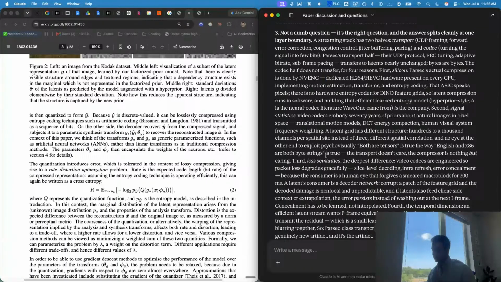Also, the loss we're willing to accept for pixels is different than for the latent, because the loss we accept for pixels is based on human perception of those pixels.